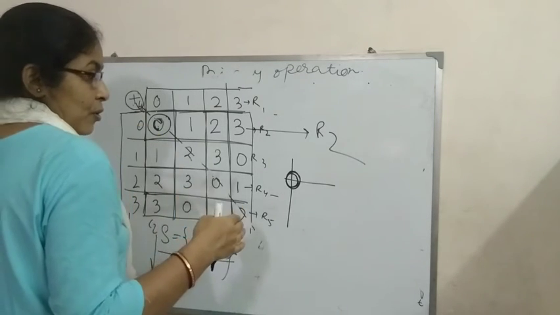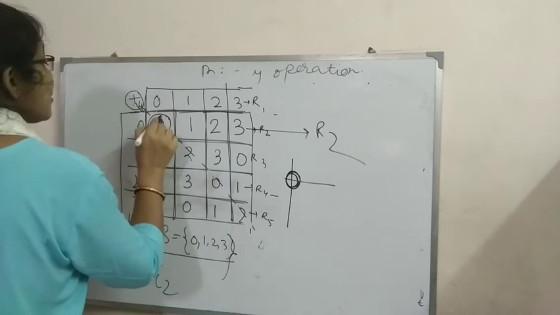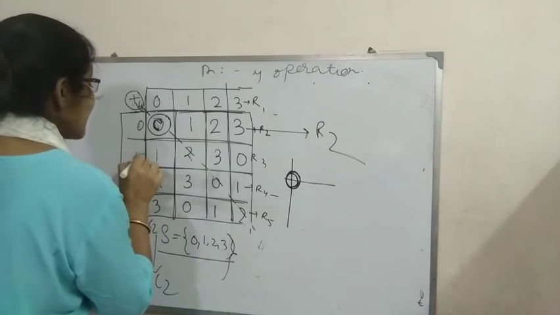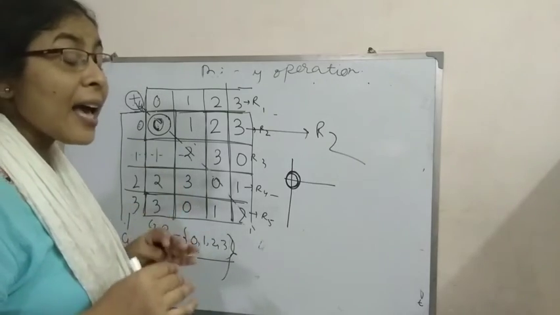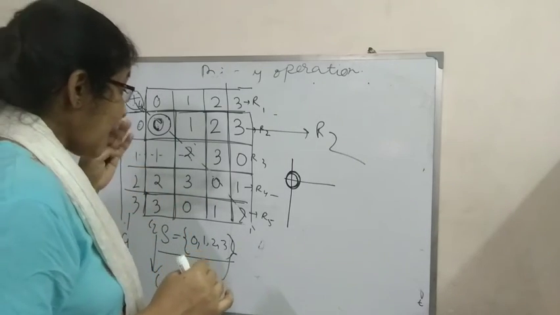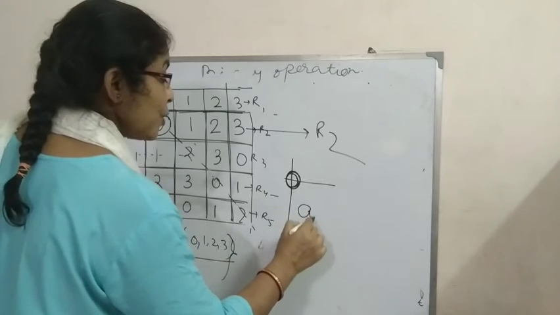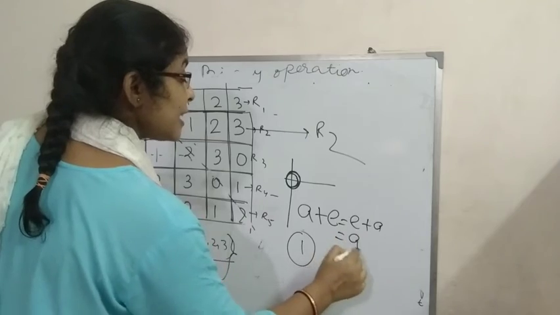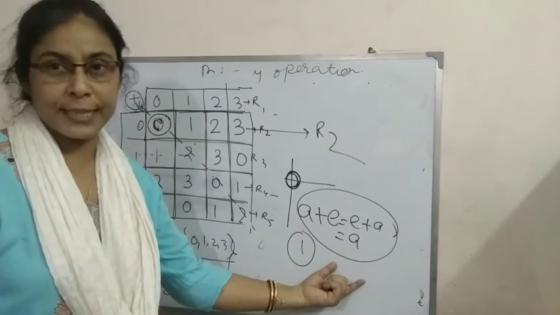Another way of getting the identity element: when 0 plus 0, I will get 0. 1 and 1, intersecting of 1 and 1, I will get 2. But I have to find the identity element, because I know A plus E equals E plus A equals A. This is the property of the identity element.